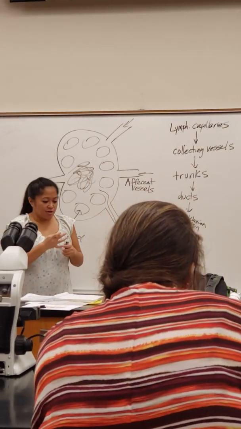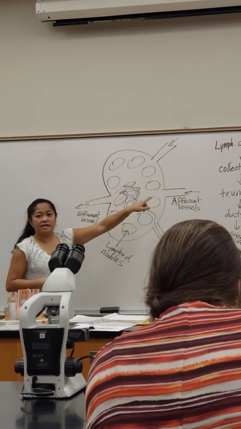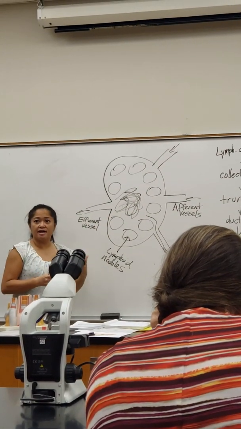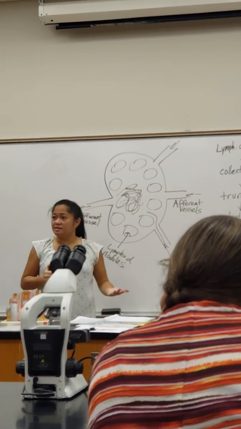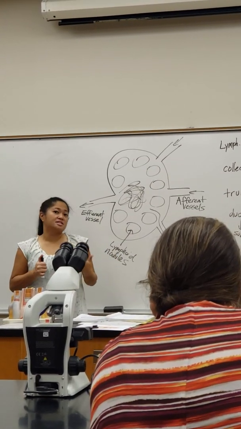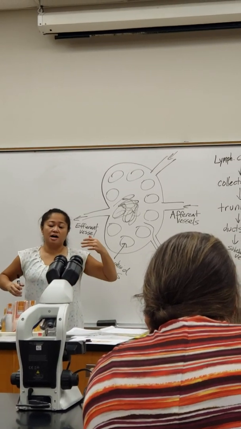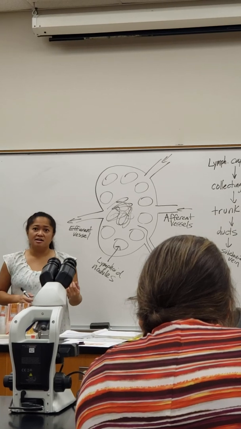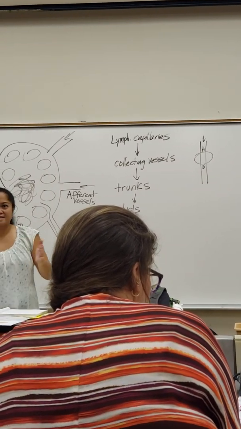All right, so we said that lymphoid nodules are in different organs. Here they're in the lymph node, we'll see them in the spleen, but if they're in the small intestine, they have a special name called Peyer's patches, okay? So lymphoid nodule and Peyer's patch are the same thing.